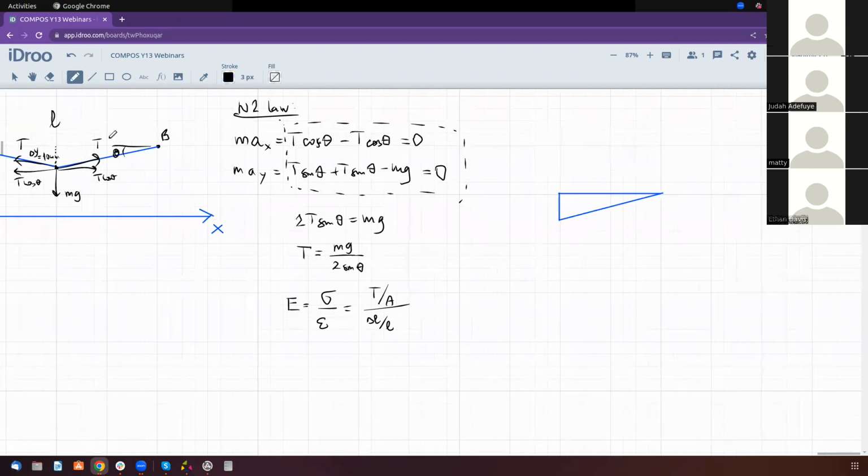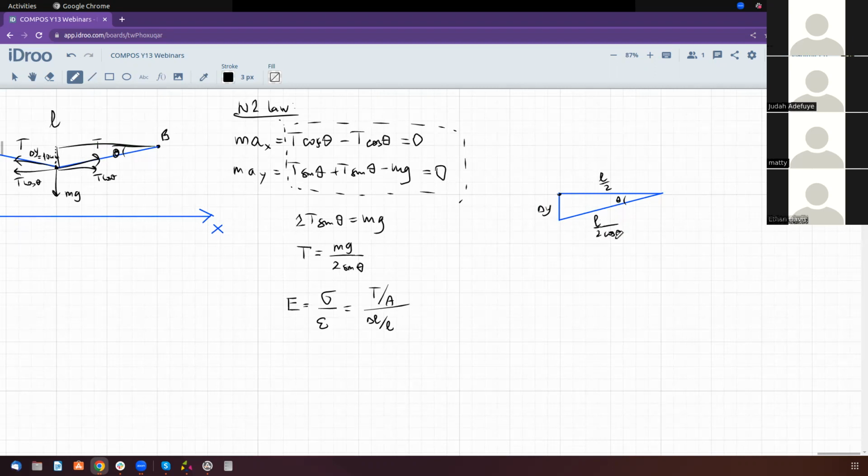So we have the slack. The slack is delta y. This is the original length, L over 2, that's half. We're looking at this triangle. This angle is theta, and this is L over 2. We don't really need Pythagoras. Sorry, it's much easier. This side is going to be L over 2 divided by cos theta.